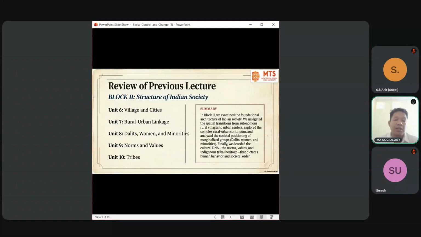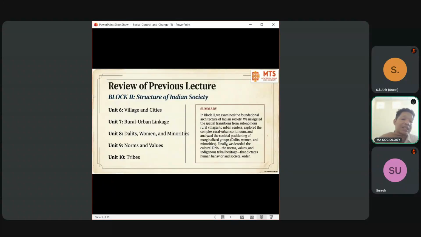Other disciplines study from the point of their own discipline, like political science, education, and mathematics in science, they have their own basics.